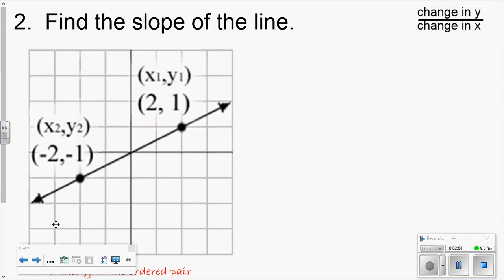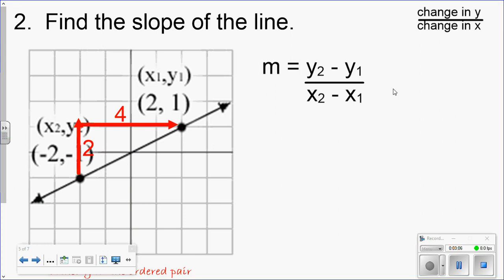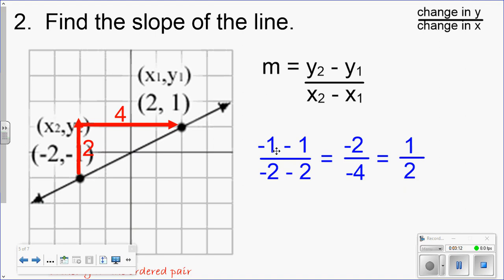So we're finding the slope of this. Again, we could just count and go up and over. So we would go up 2 and then right 4. If we use our equation, y2 minus y1 over x2 minus x1, we look at the two ordered pairs and we would say -1 minus 1 and -2 minus 2.